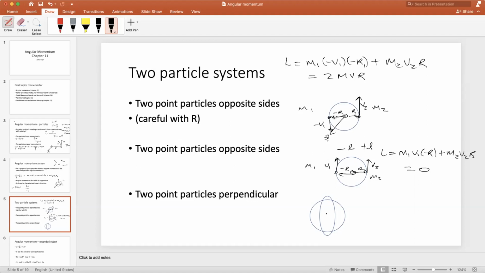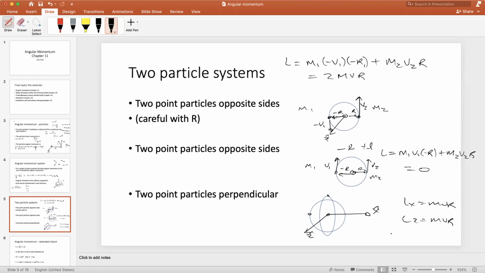Finally, I could have one of them traveling around the z-axis, and let's say this one is spinning around the x-axis, and they can be doing that. So if they were MVR, this would have L to the X MVR and L to the Z MVR.